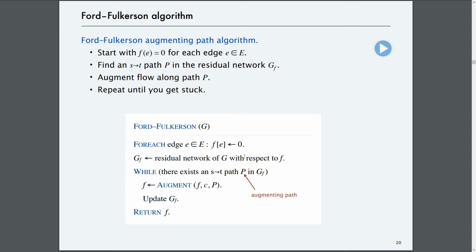First we initialize here, then we get the residual network, and then just repeat while there is some path: augment it and get the flow, and then update the graph according to the flow. Update the residual capacity of the edges.